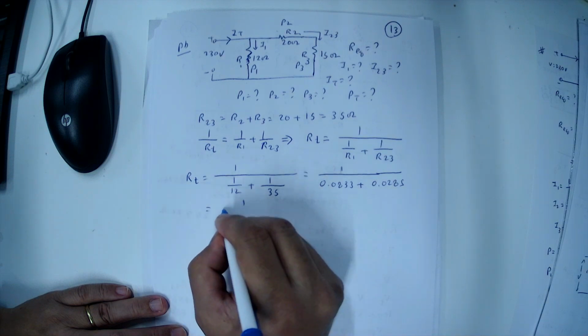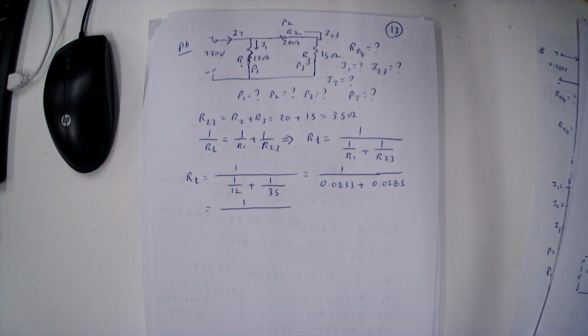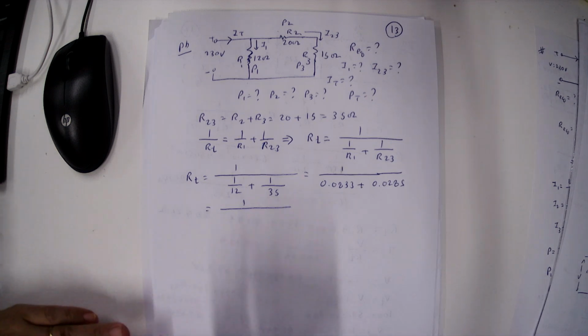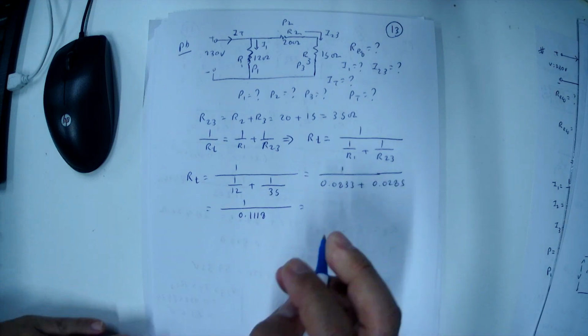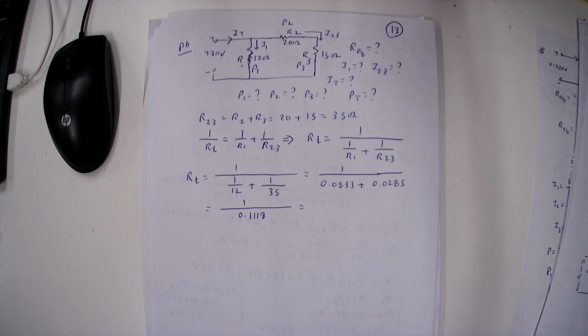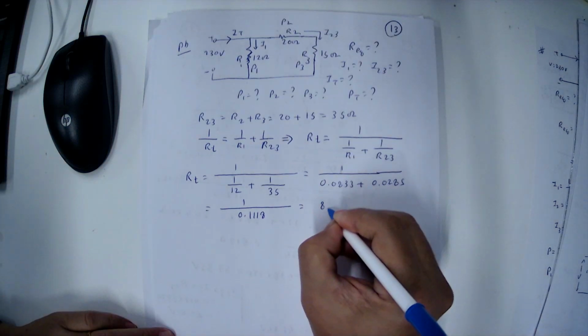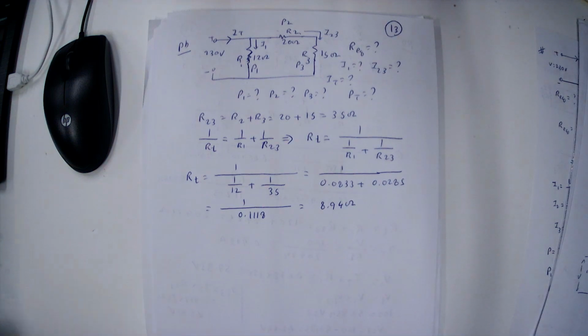So 1 divided by (0.0833 plus 0.0285). 0.0833 plus 0.0285 gives 0.1118. So 1 divided by 0.1118 will be 8.94 ohm. So this is the total resistance. Total resistance is 8.94 ohm.